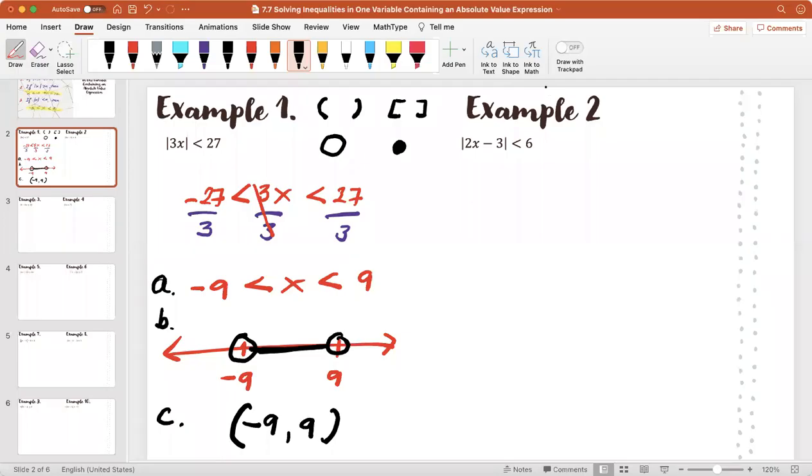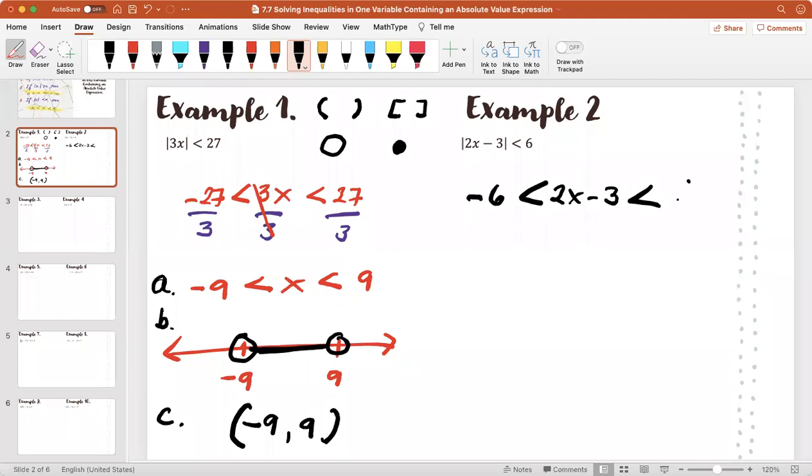Next, absolute value of 2x minus 3 less than 6. Here, we don't have any number outside the absolute value, right? So we can apply the property immediately. We can rewrite this with 2x minus 3 in the middle. Of course, this is our inequality. What shall we put on the left side?